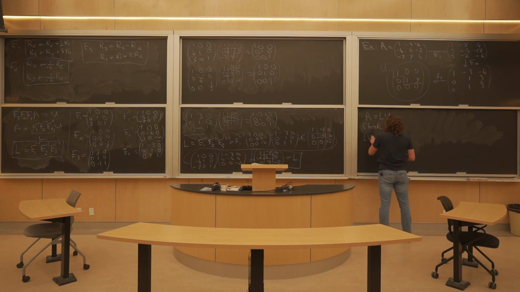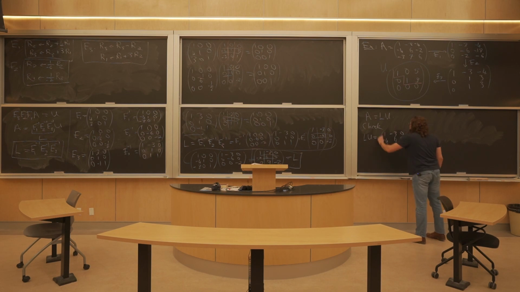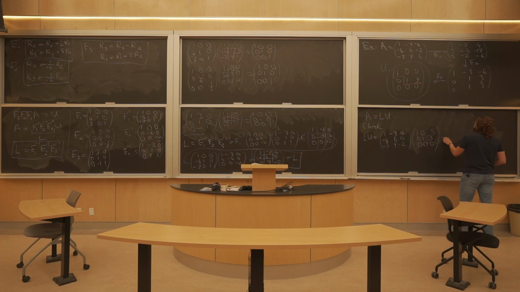So LU is 1 minus 3, 0, minus 4, 6, 0, minus 3, 9, minus 2, times 1, 0, 5, 0, 1, 3, 0, 0, 0. It's a 3 by 3 matrix. 1, minus 3, minus 4.